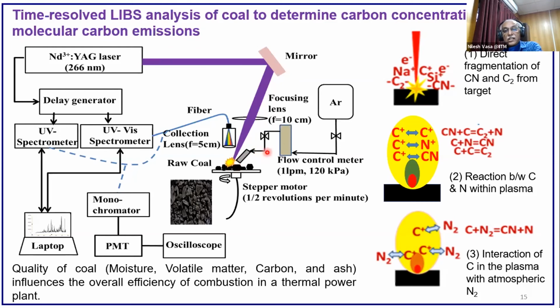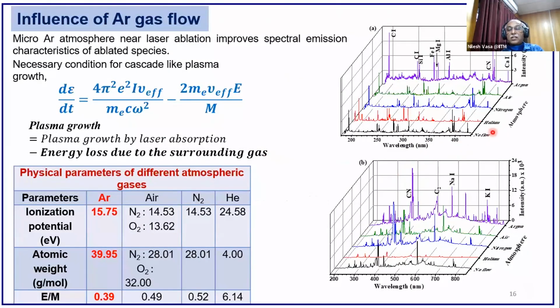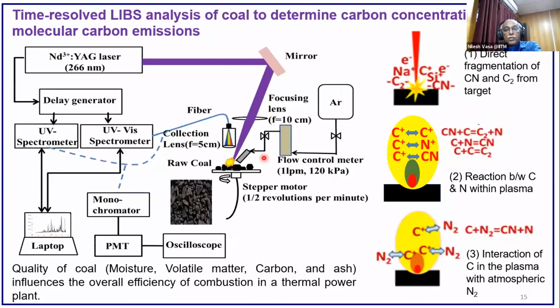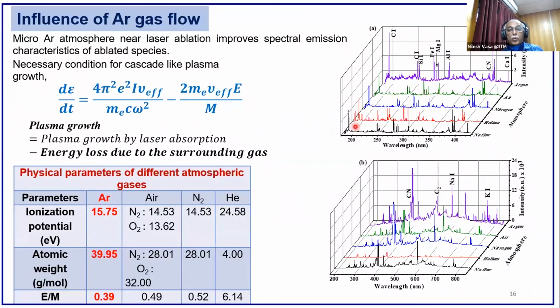So we studied this approach with the help of different flows of gas from a nozzle attached near the ablation zone, which provides a properly controlled ambience with either helium or argon, etc. We studied this in the presence of air, nitrogen, no flow of any medium, or only ambient air, helium, etc. And we tried to study various optical emission lines in the UV region partially and in the visible region.